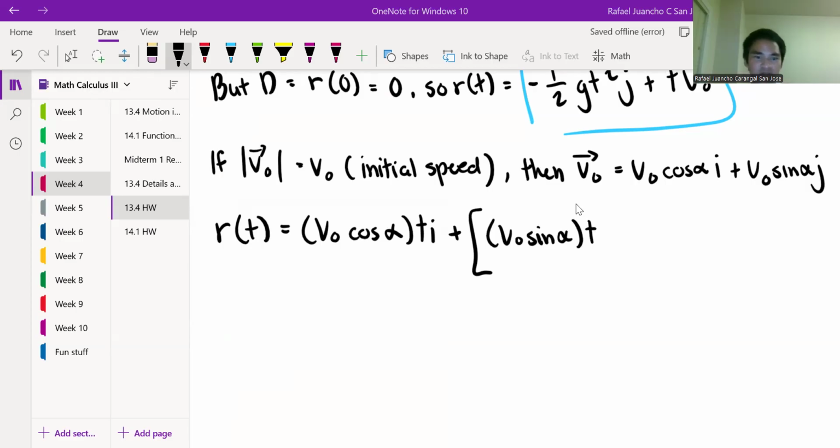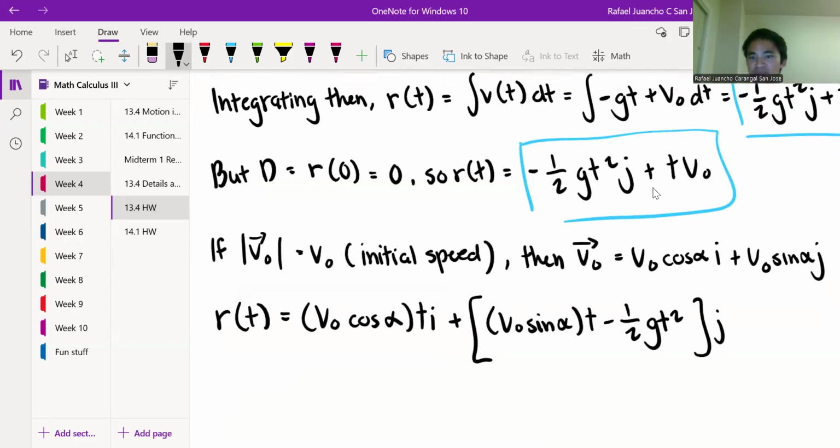And then I subtract 1/2 gt squared. I got this from, if I'm not mistaken, here. Where did I replace it? I replaced this thing here with this. I added the sine alpha because I want to consider the angle this time.